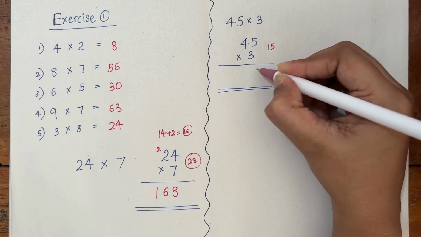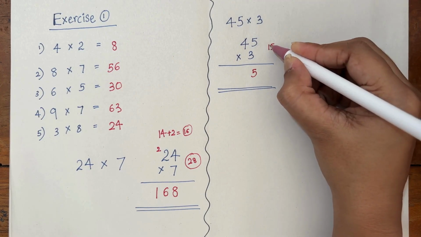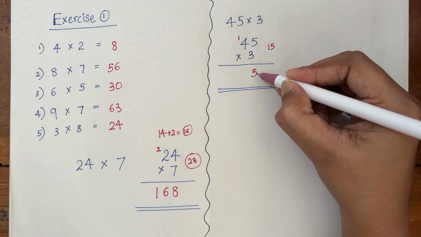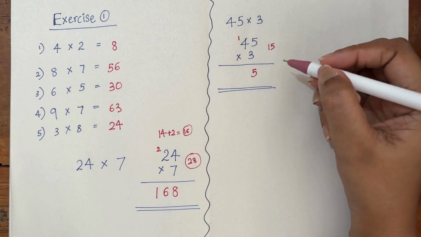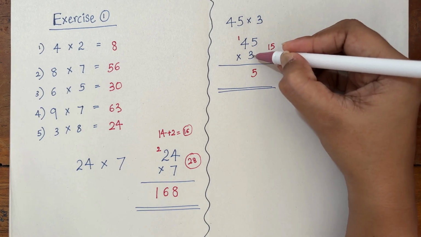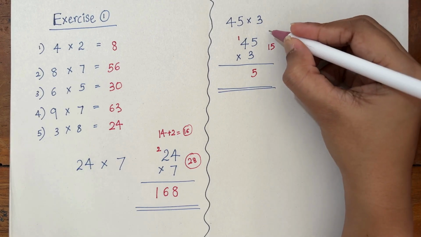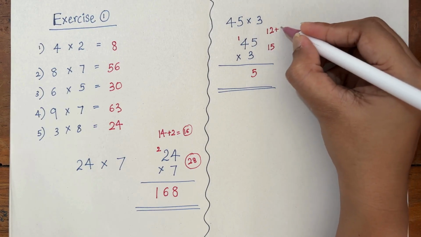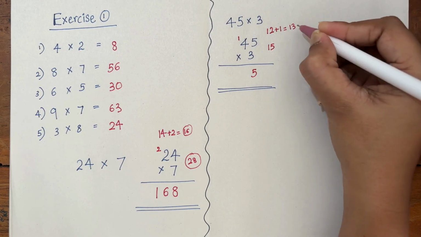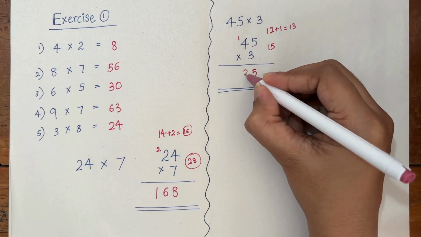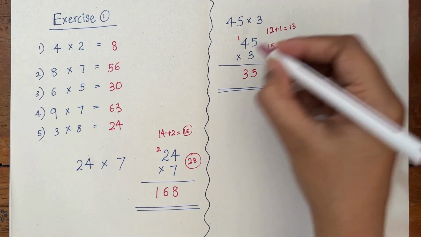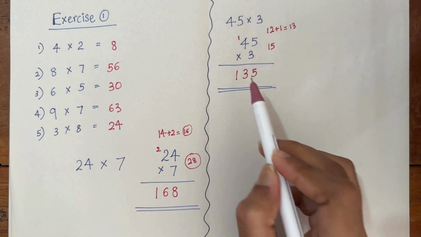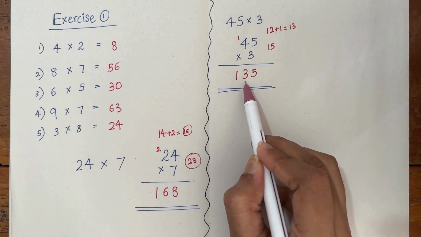We keep this 5 here and take this 1 to this side because 5 is in 1's place, 1 is in 10's place. Now 3 times 4, 12. 12 plus 1, 13. We keep this 3 here, take this 1 here. 45 multiplied by 3, the answer is 135.